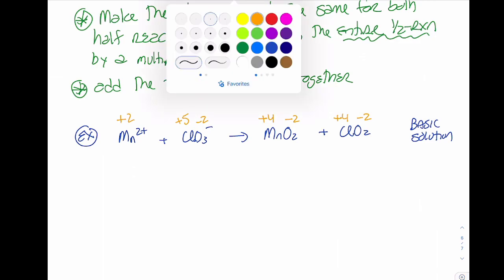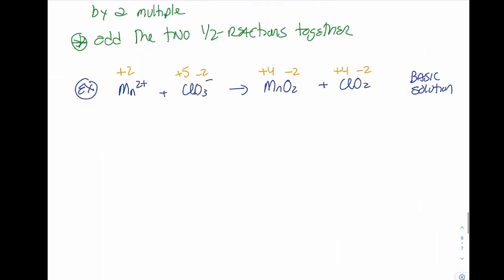So my 2 half reactions: manganese 2+ going to MnO2, and this one is my oxidation half reaction, right? I'm going from +2 to a +4. So this is my oxidation.